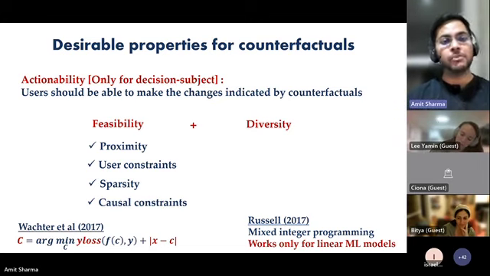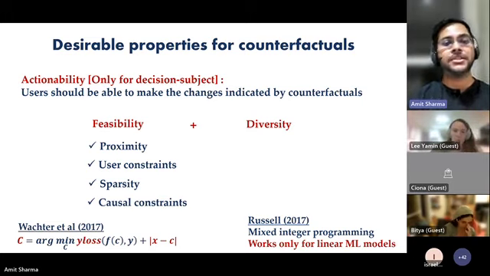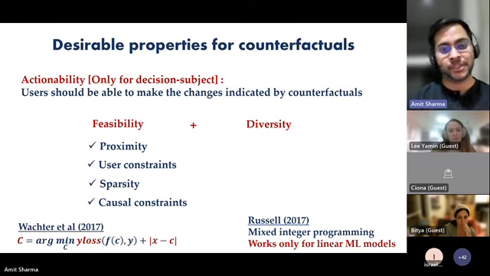All right. So if you now believe that counterfactuals can be useful, we would want to think of what the desirable properties for counterfactuals are. Well, first, they should be feasible, right? And feasibility is a vague concept, but I think you can make it more precise by thinking of proximity.